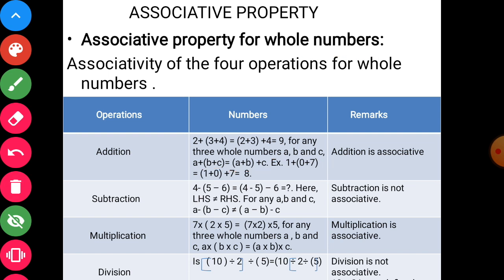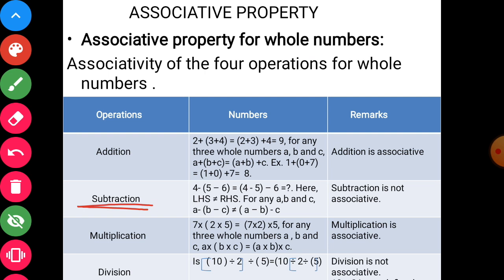Okay. Next, once again take whole numbers and check for subtraction. Here I have taken 4, 5, 6. All 3 numbers are positive numbers only, but I have put a negative sign here because we are subtracting the numbers.